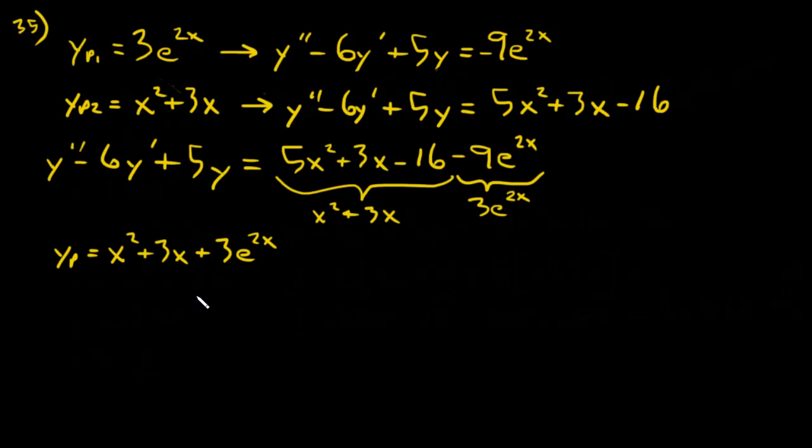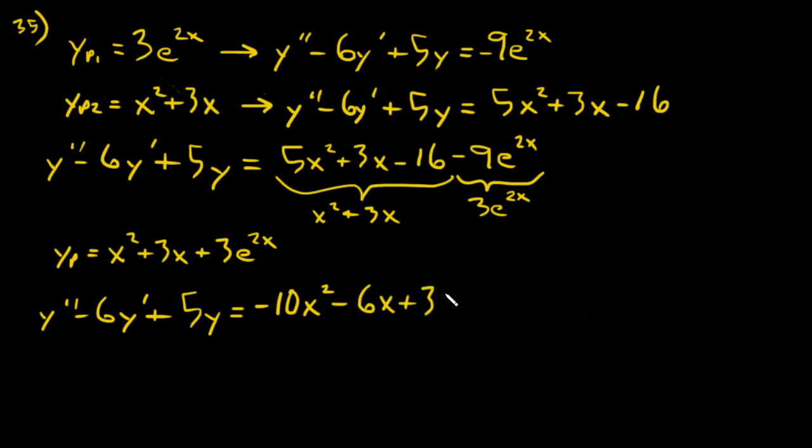So it's going to be y double prime minus 6y prime plus 5y equals negative 10x squared minus 6x plus 32, and then plus e to the 2x.